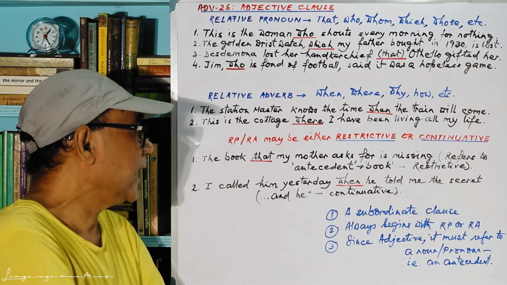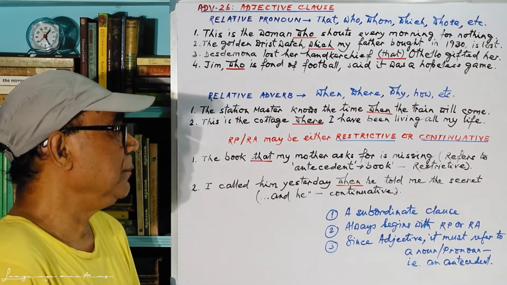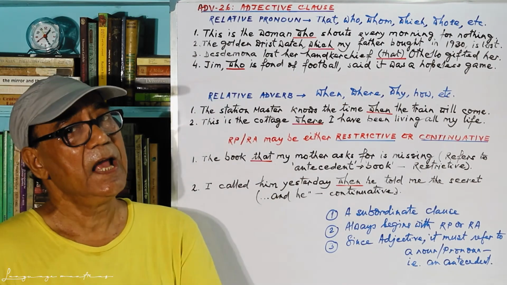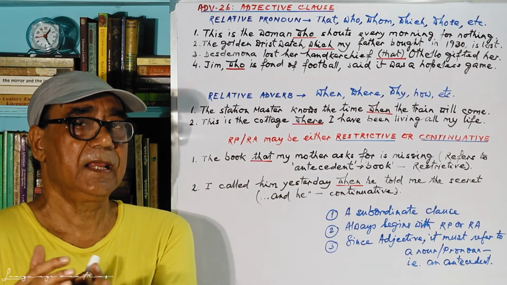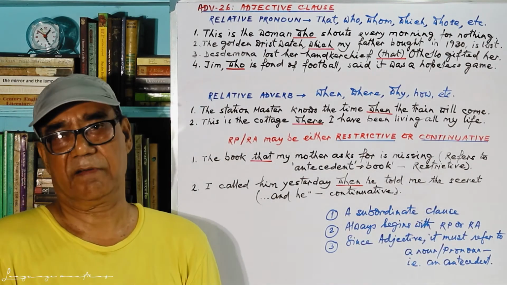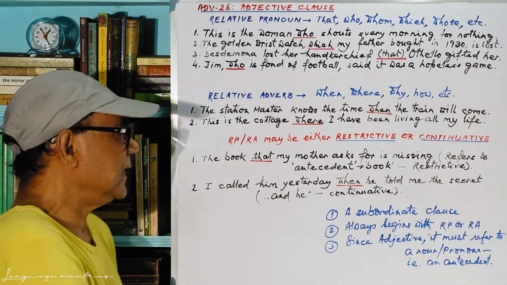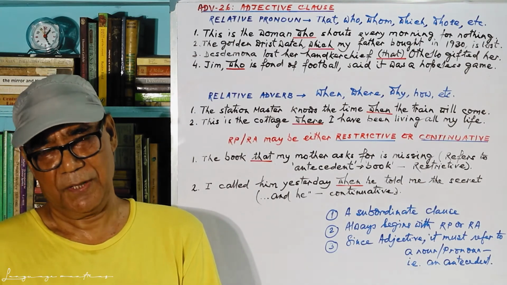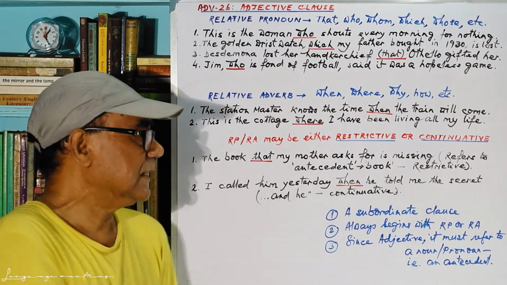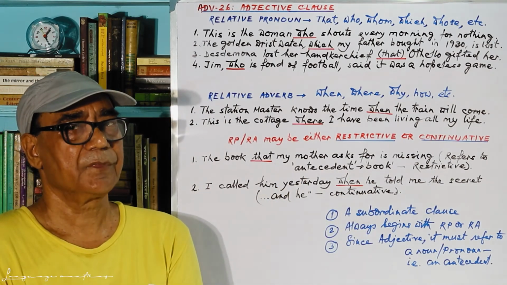Next one: I called him yesterday when he told me the secret. Now you see, I called him yesterday, and when he told me the secret. And "told me the secret" is something that does not match with "I called him yesterday." But in a sense, this when refers to yesterday, a time.